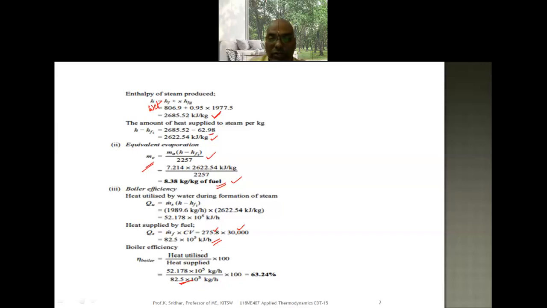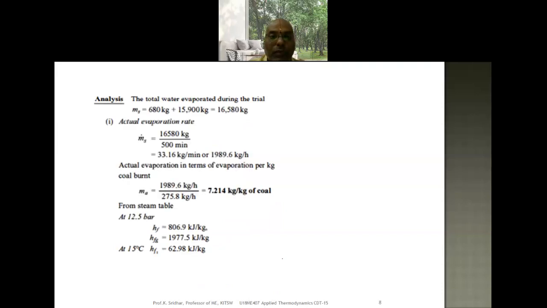The heat utilized by the water during the formation of the steam is m dot s into (h minus hf1), which is 52.178 into 10 to the power of 5 kilojoules per hour. Substituting the numerator and denominator values, we find the boiler efficiency is 63.24 percent. That is the actual evaporation rate, m dot s, m dot a, and all these values are calculated from the steam tables.